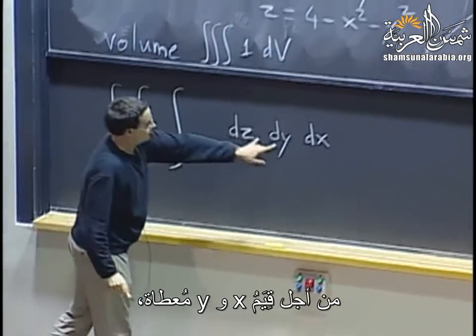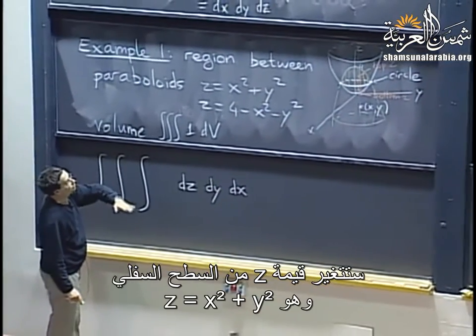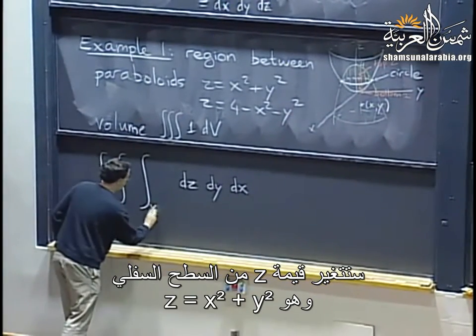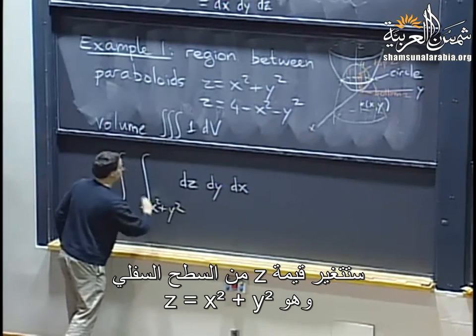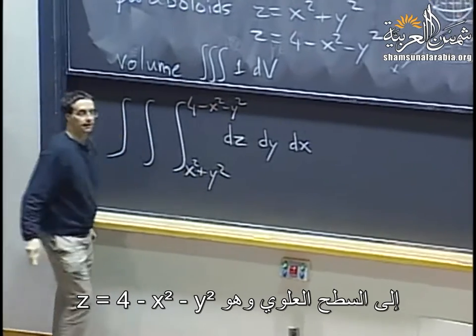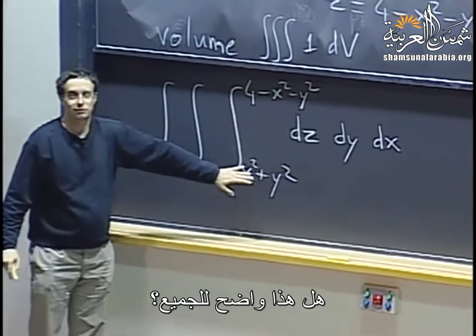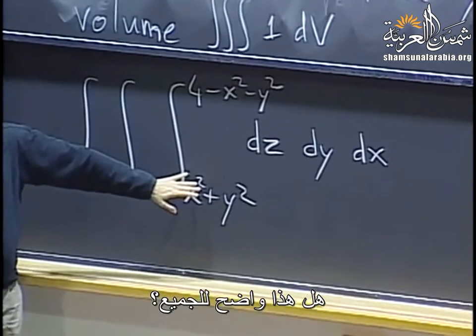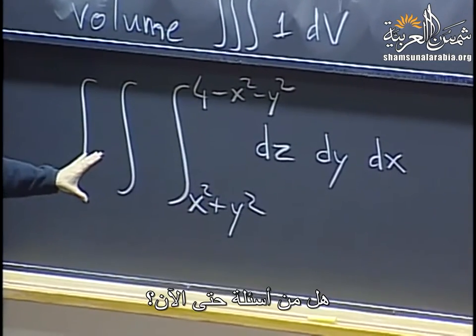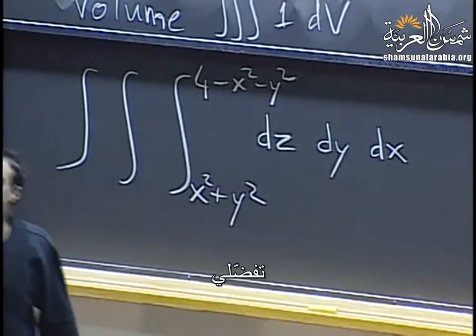Then for a given value of x and y, I claim z goes from the bottom surface, z equals x squared plus y squared, to the top face, 4 minus x squared minus y squared. Is that okay with everyone? Any questions so far? Yes?